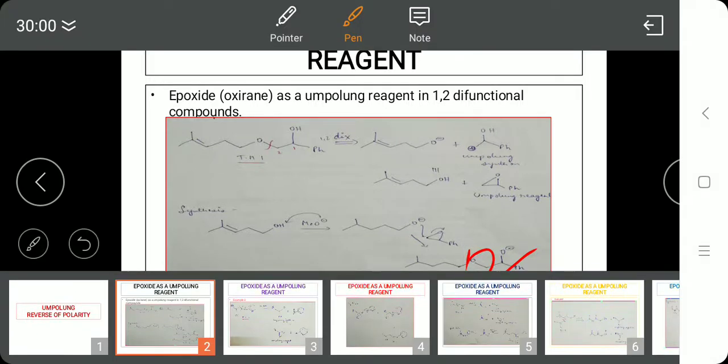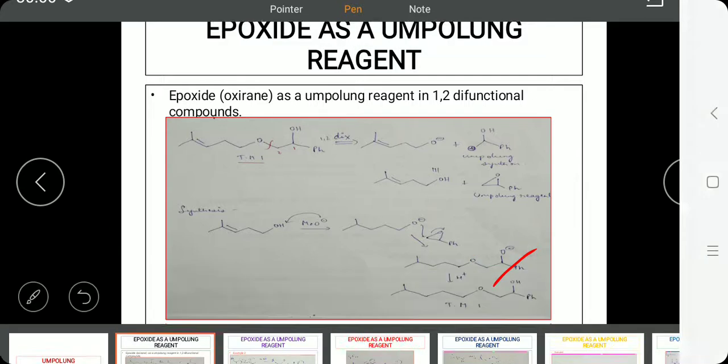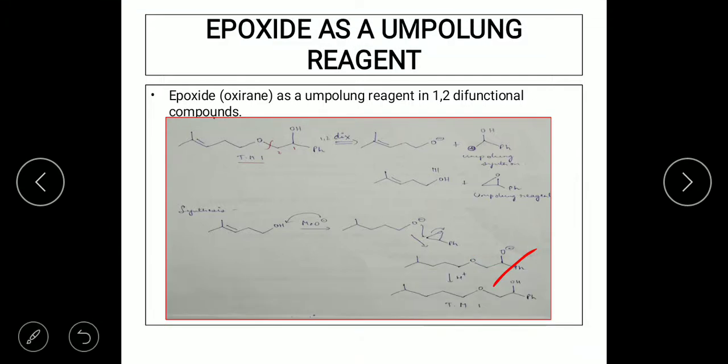The oxygen now gets the negative charge, and this O minus again reacts with a proton to obtain the target molecule. This is the kind of reaction wherein we use epoxide as the umpolung. So whenever you get this kind of reagent or synthon, always make use of the epoxide as the umpolung reagent, which will make writing the synthesis easier.